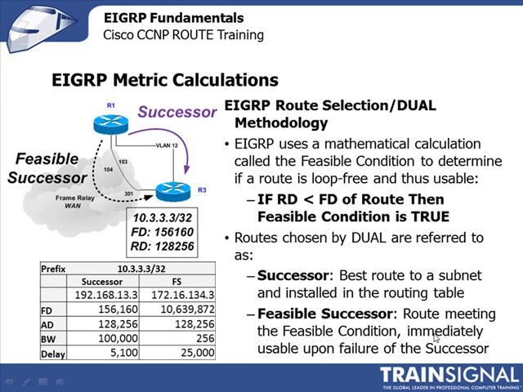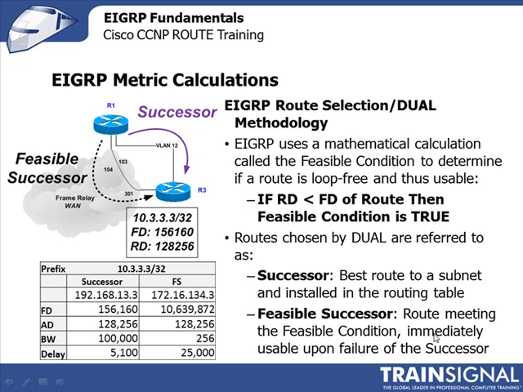So once the reported distance and the feasible distance have been calculated, the reason it's important to begin with is that EIGRP uses those two data points to determine whether or not the route is loop-free and thus usable. And it's a mathematical state called the feasible condition. And the feasible condition is actually pretty easy to understand.